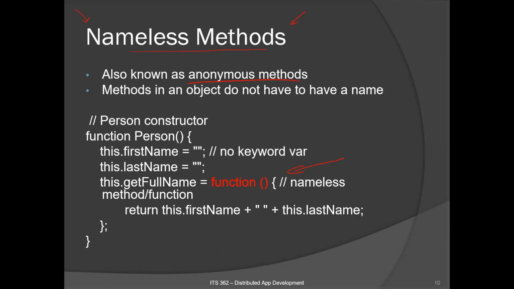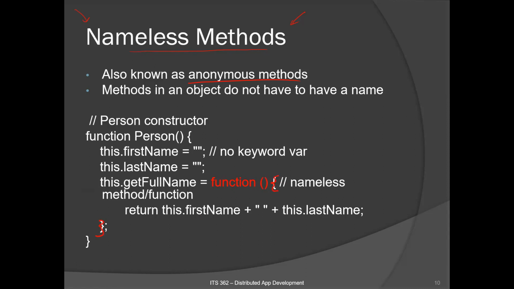So where we have function person, this, same thing as before, first name, last name. But now focus your attention on this part of the code where we have this get full name, and then we do the function definition exactly within. And this is now where that style of the curly bracket done like this starts to make sense, right?